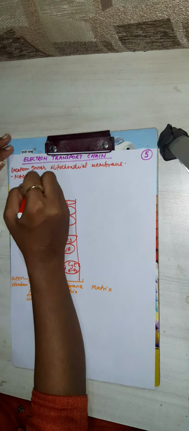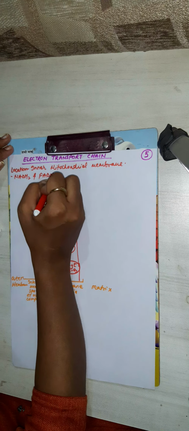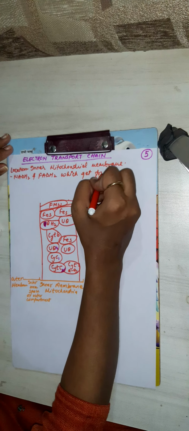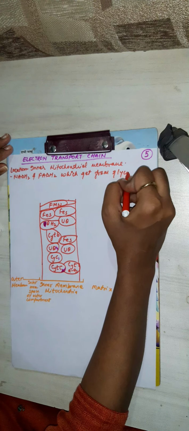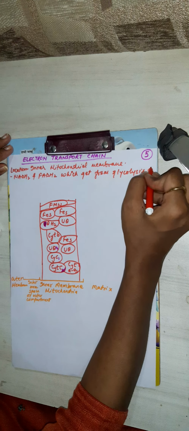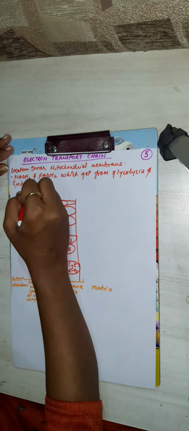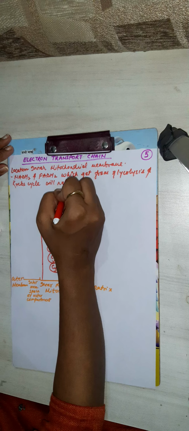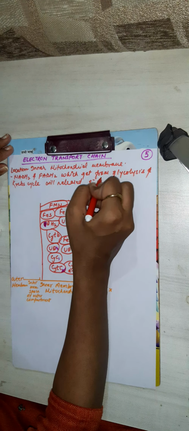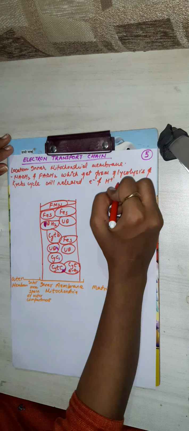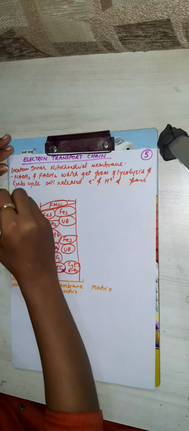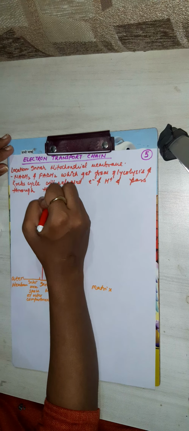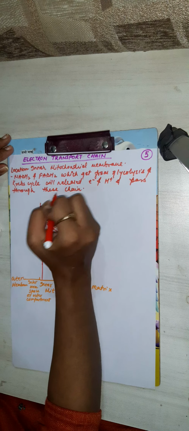This I am writing in my words, it is just for your explanation, don't write this: NADH2 and FADH2, which we get from glycolysis and the Krebs cycle, will release electrons and a pair of protons and pass through these chains.